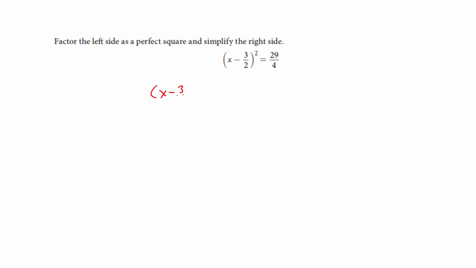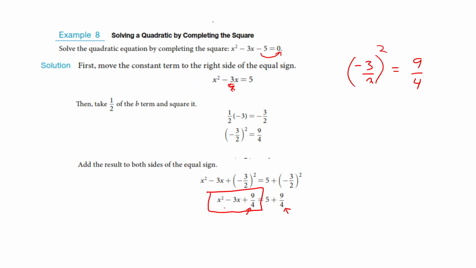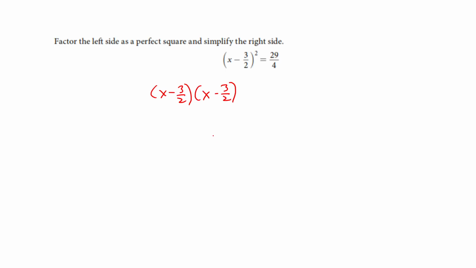So let me show you here. The way they've done this is right, but what I want to show you is we chose something where if I take the square root of the front and the square root of the back, do you remember this pattern that it's going to create 2 of that middle term?